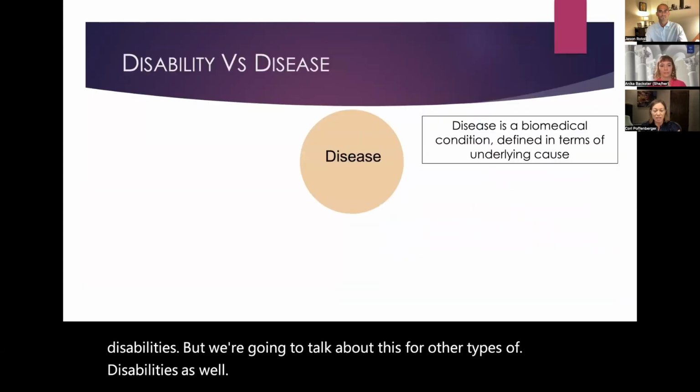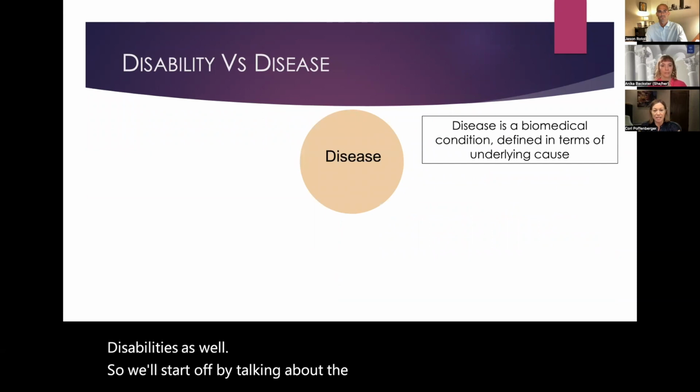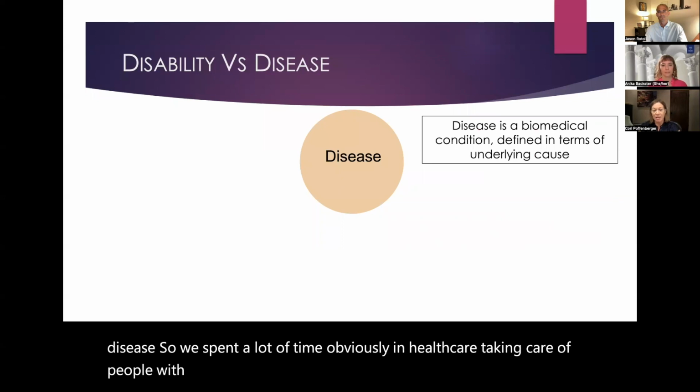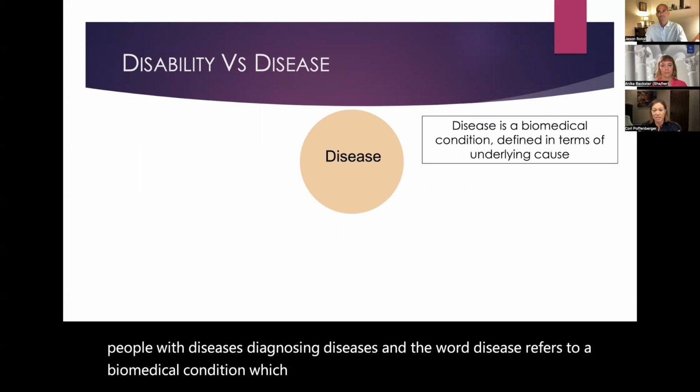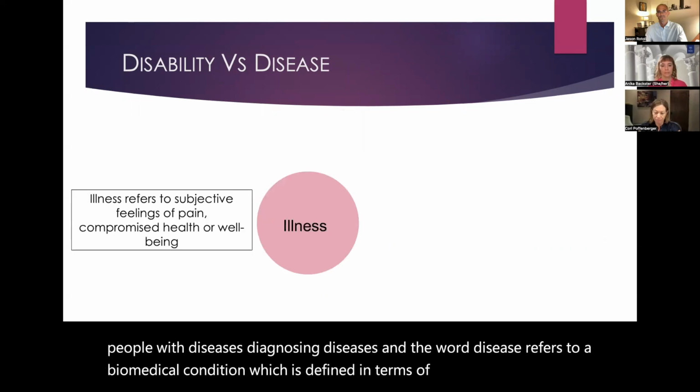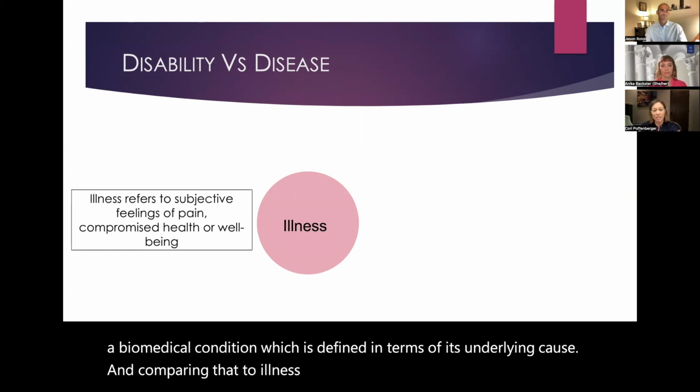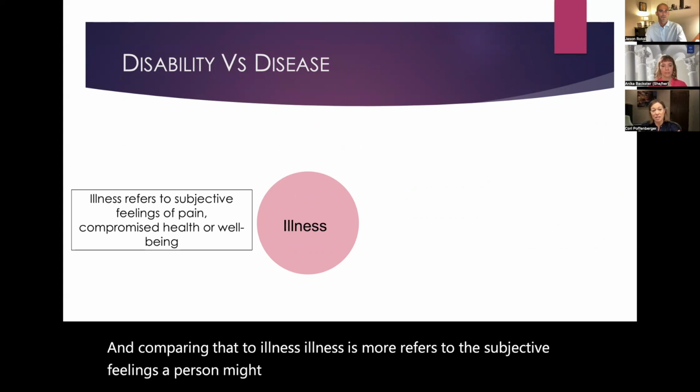So I'll start us off by talking about the difference between disability and disease. We spend a lot of time, obviously, in healthcare, taking care of people with diseases, diagnosing diseases, and the word disease refers to a biomedical condition, which is defined in terms of its underlying cause. Comparing that to illness, illness refers to the subjective feelings a person might have about their disease.